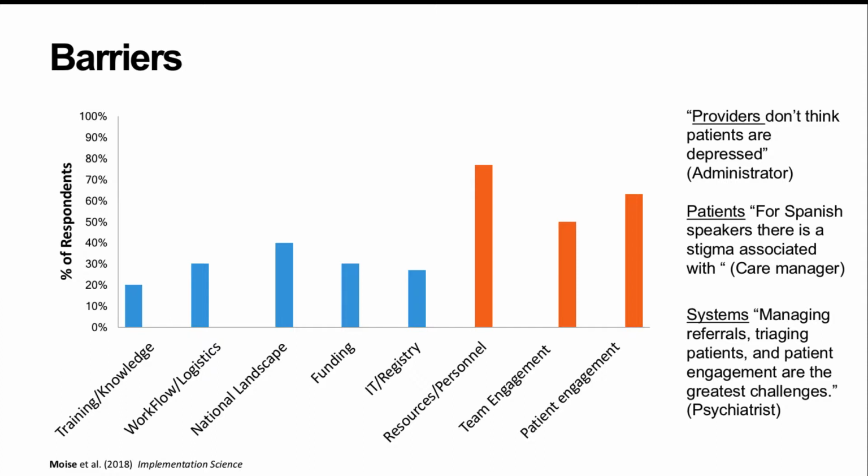Many providers didn't think that patients were depressed or had a hard time buying into the program long term. We saw patient level barriers in the form of stigma and motivation, and then systems level barriers that involved managing referrals, triaging patients, and engaging patients, which remain key challenges long term.